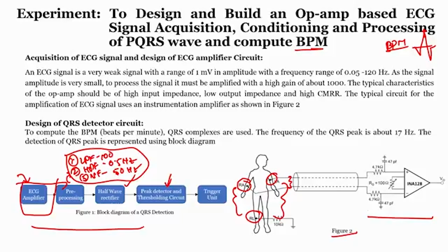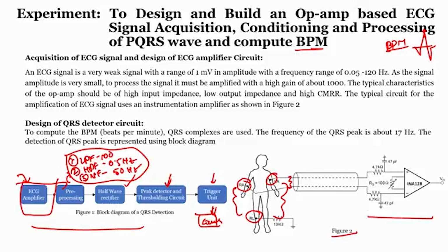Since the counter is a digital part, what we are planning to do is either show it in a CRO, whether we are getting the peaks or not, or use some kind of triggering input which can generate some high voltage whenever there is a signal, and our job is done. If I connect that to a counter which can count only when I get a high, then it gives us a complete indication of beats per minute. So, in 1 minute the number of peaks that we are getting indicates our BPM.